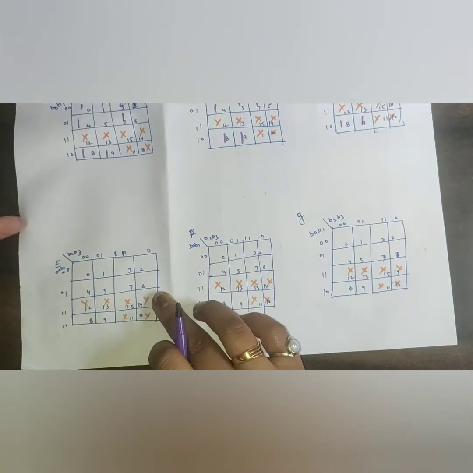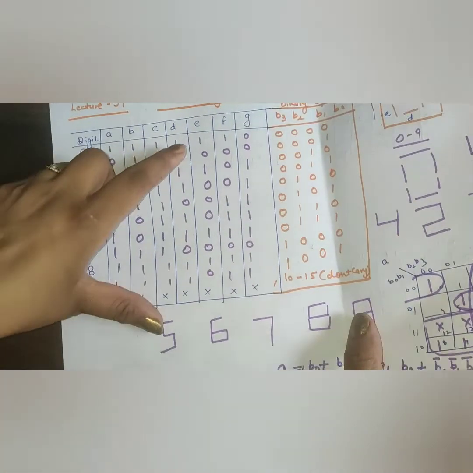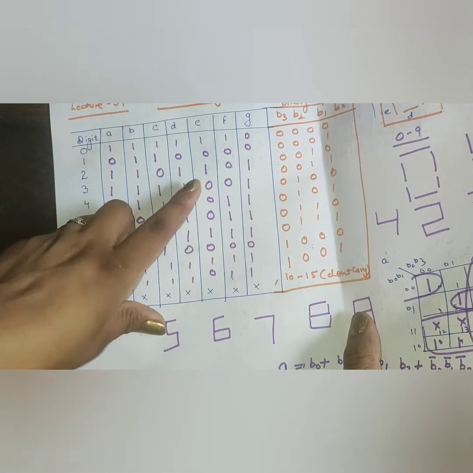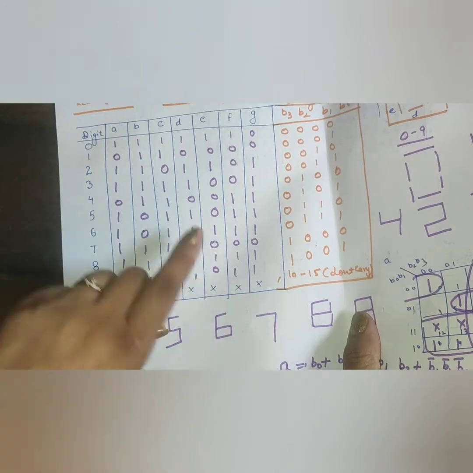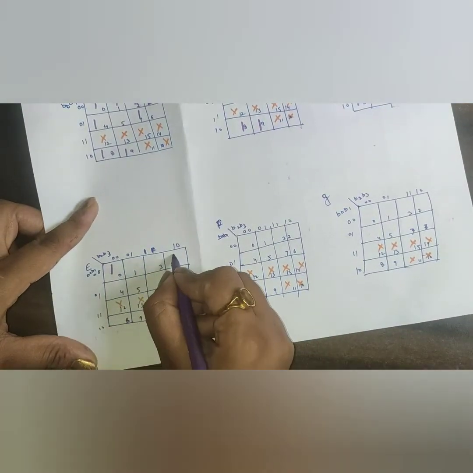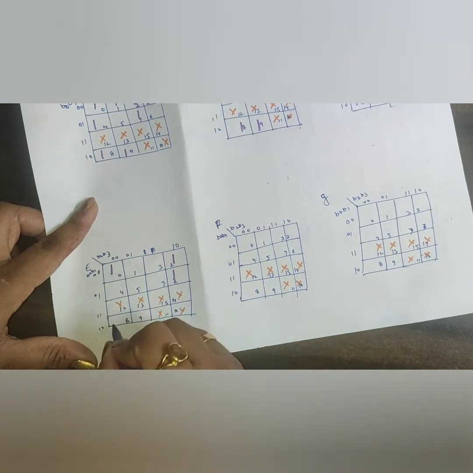Now I will make for E. E is 0, 2, 6 and 8.